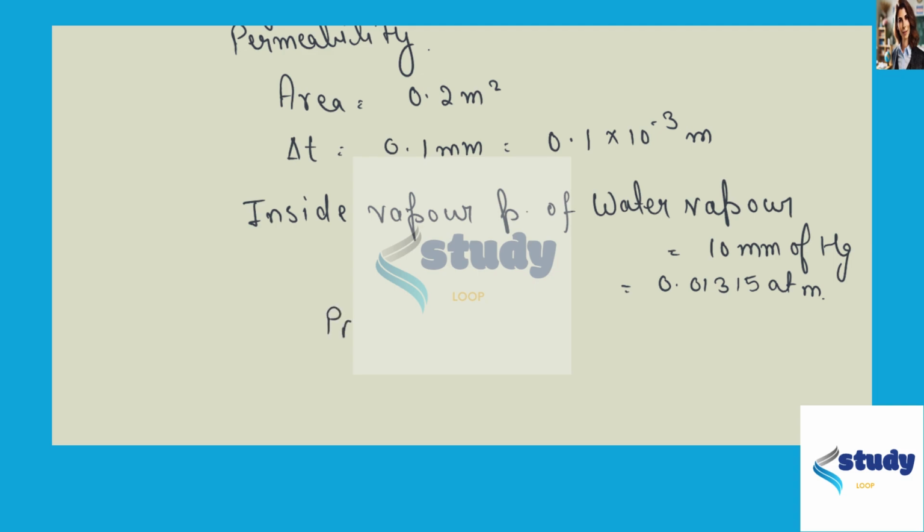This is our pressure at area 1, and the pressure at area 2, that is 5 millimeter of mercury, that means 0.0065 atmospheric pressure.